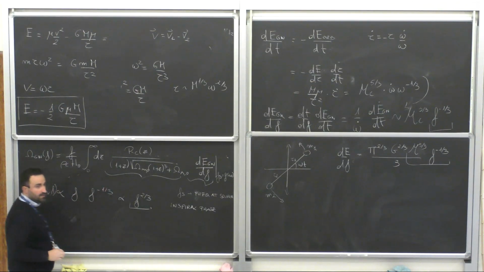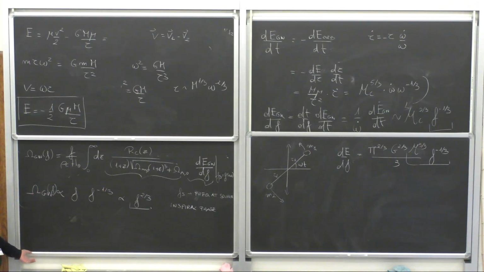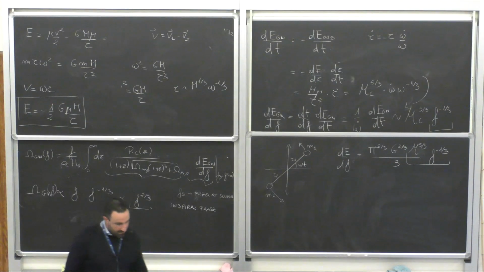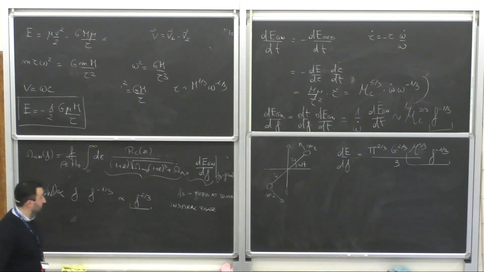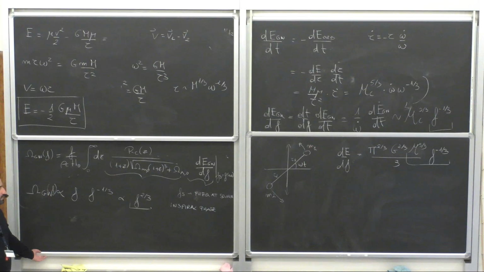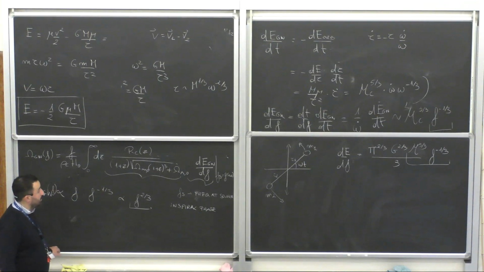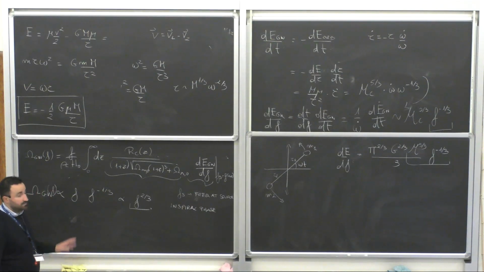What does this mean? This gives you a simple tool to understand whether, for instance, this signal comes from an astrophysical background or something else. So if you do the calculation properly, is it clear?